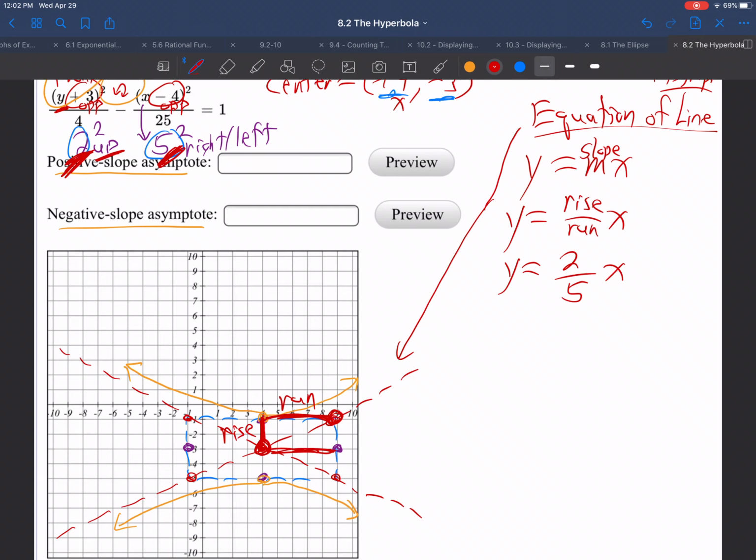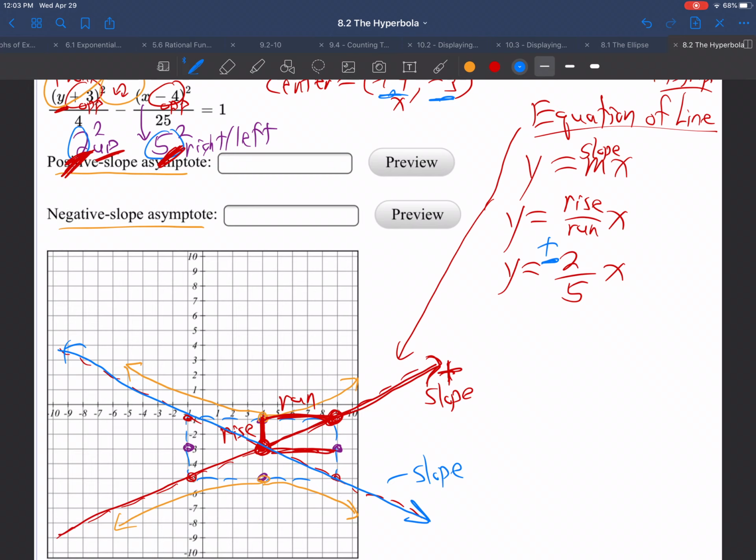Now, the real truth is one of these lines is going up to the right, positive slope. The other line is going down to the right. This one is a negative sloped asymptote line. The other one's going up to the right and it's positive slope. So we just throw a plus and a minus in front of it.